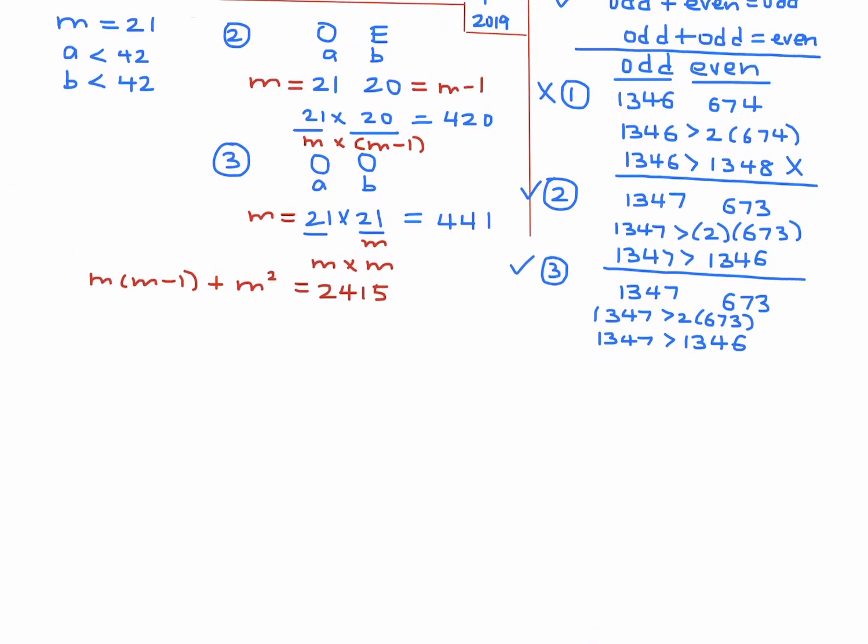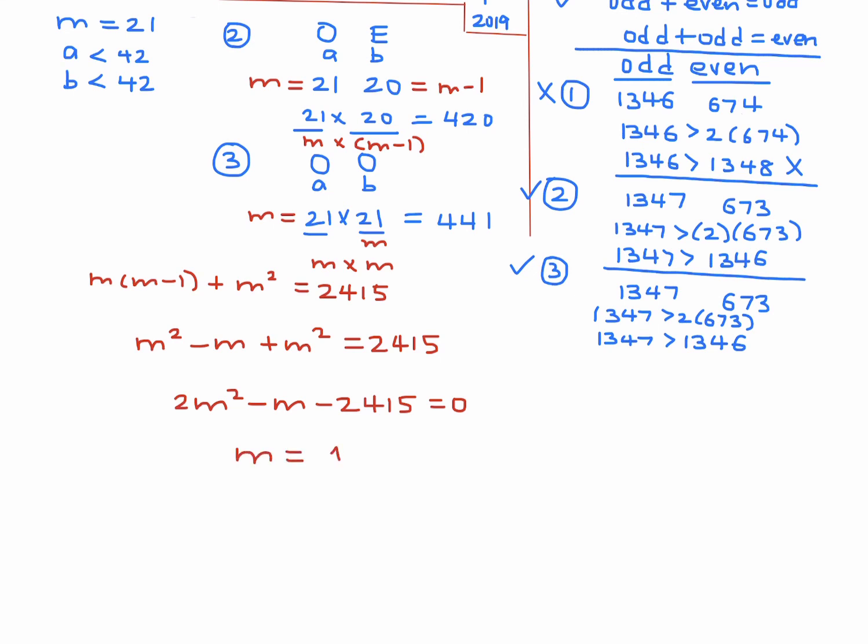Okay, you can either factor this or do a quadratic. Here we go. So this will be M squared minus M plus M squared is equal to 2415. 2M squared minus M minus 2415 is equal to 0. I don't feel like factoring because off the top of my head, I can't figure this out. So no problem, use a quadratic.